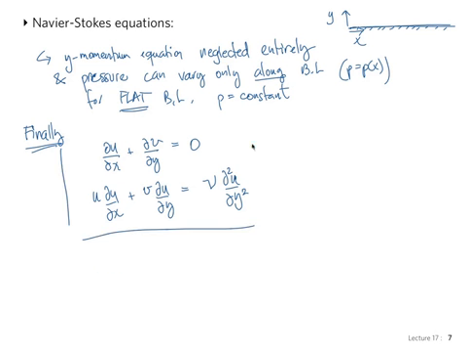So these are the simplified Navier-Stokes equations for the case of the flat plate boundary layer. We assume zero pressure gradient.